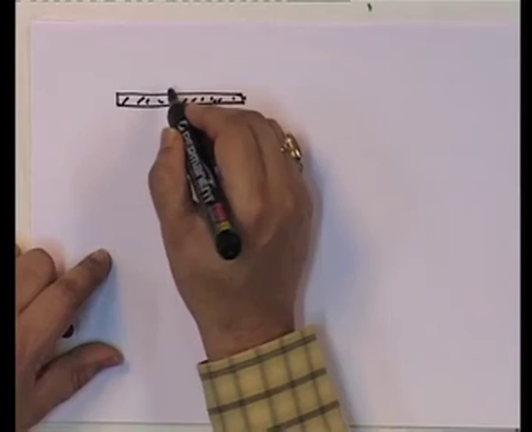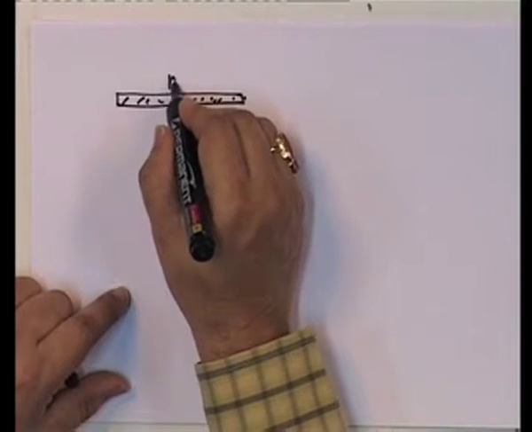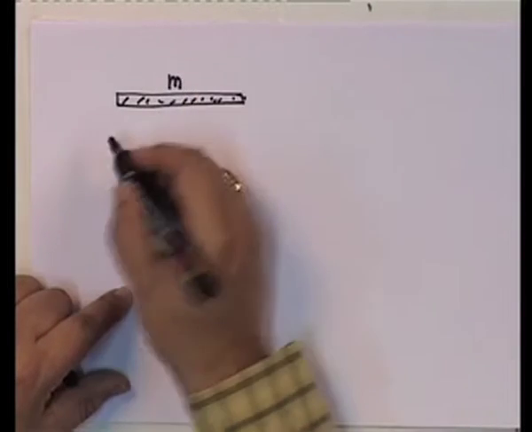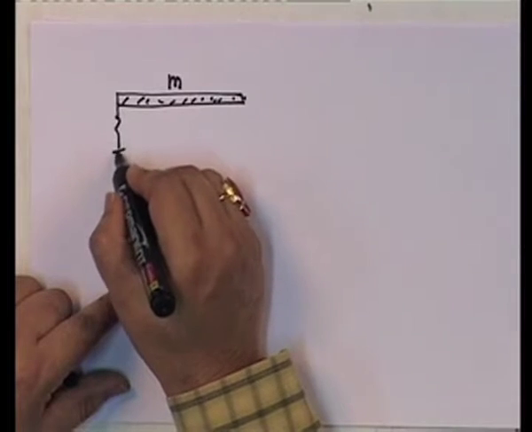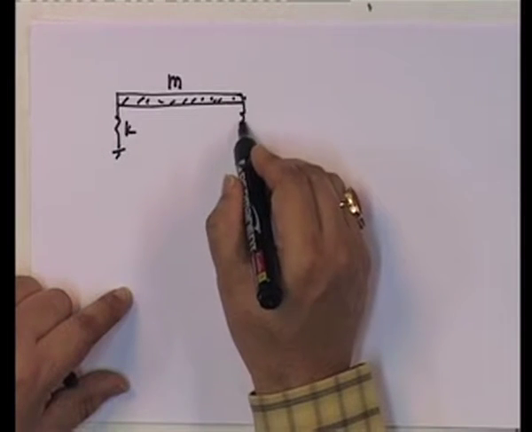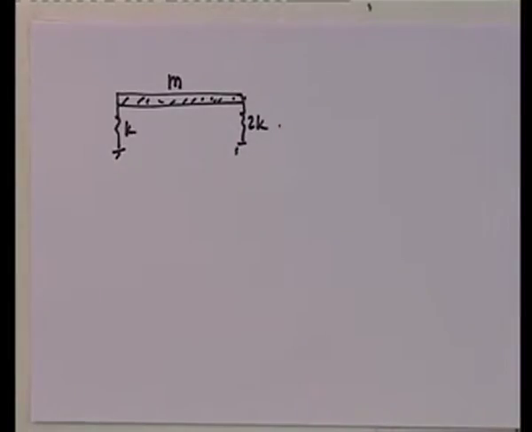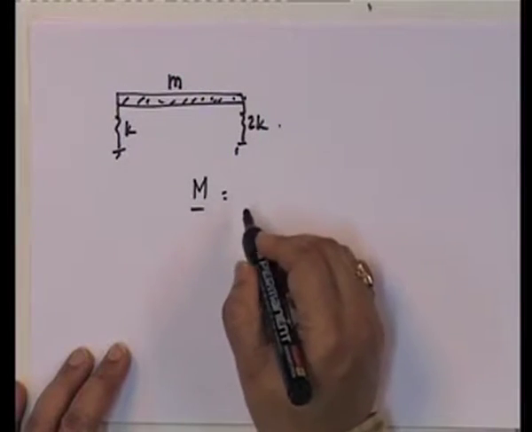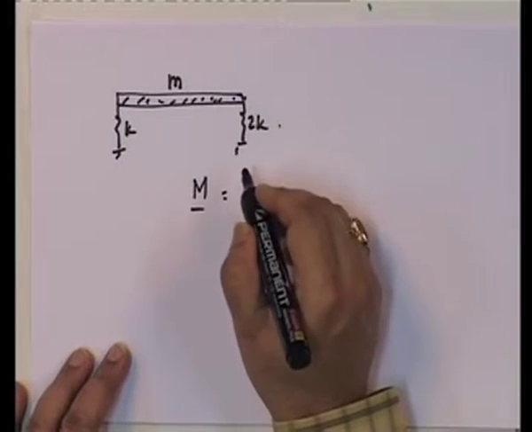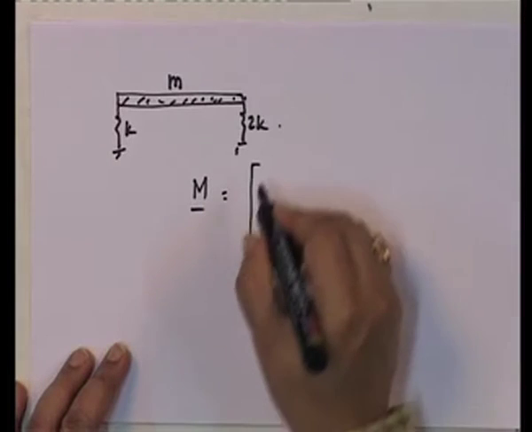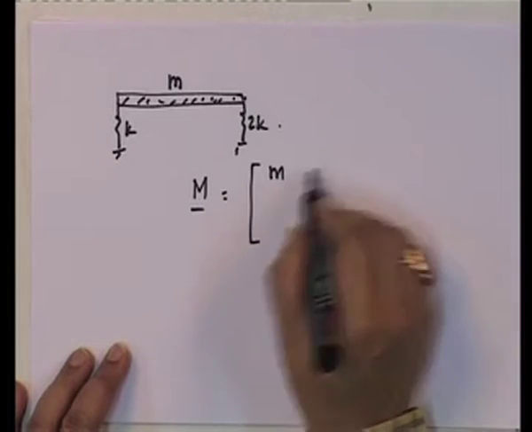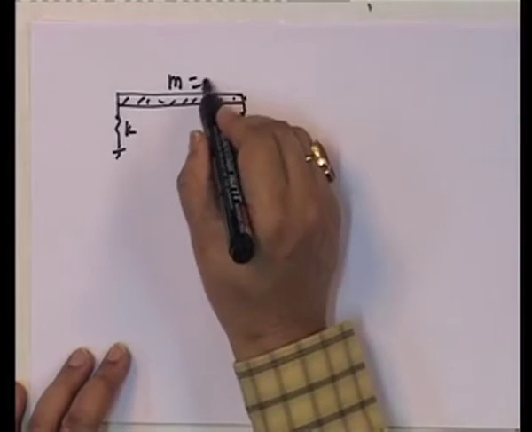That was m bar, of course, this was k and this was 2k. Remember that problem? That was a problem that we solved a few lectures ago, and the M matrix came out to be M, 0, 0, m bar L cubed. M bar L is M, remember that.